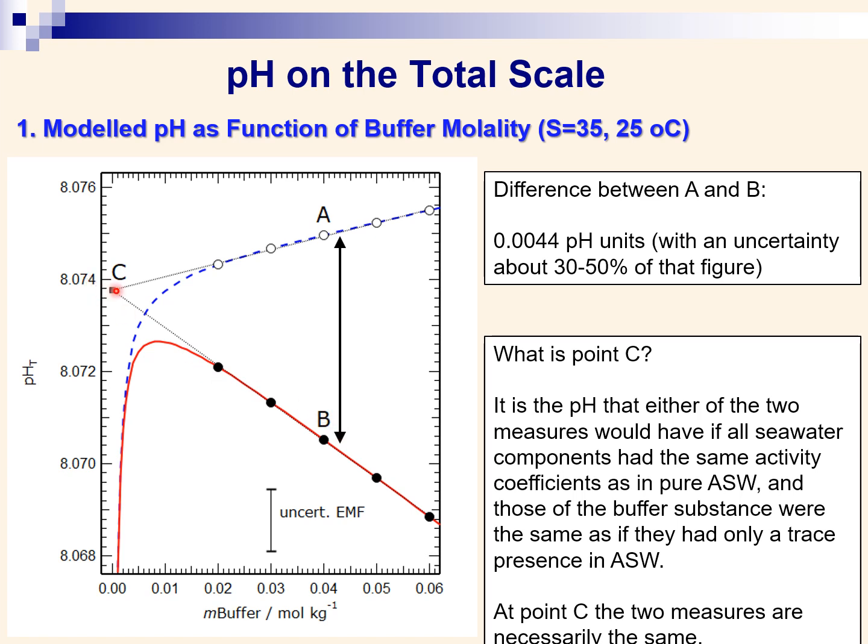And what is point C? Well, in a hand-waving sort of way, it's the buffer pH where the influence of the buffer on the artificial seawater medium has been removed.